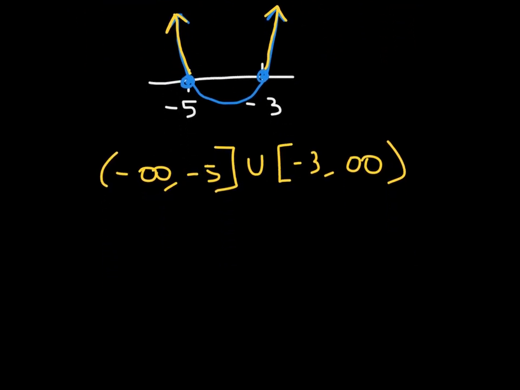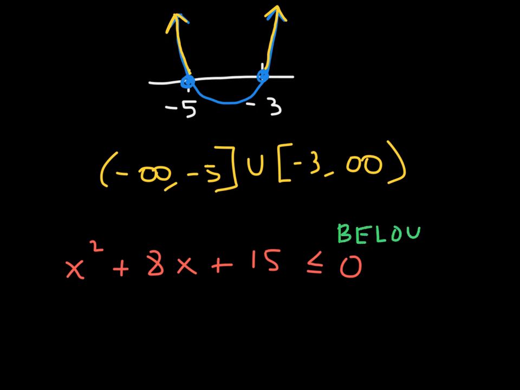I want to just pick your brain a little bit. Had you had something like this, x squared plus 8x plus 15, instead of greater than or equal to 0, how about less than or equal to 0? How would your answer change? Well, first of all, you're looking for when the parabola is now below the x-axis.